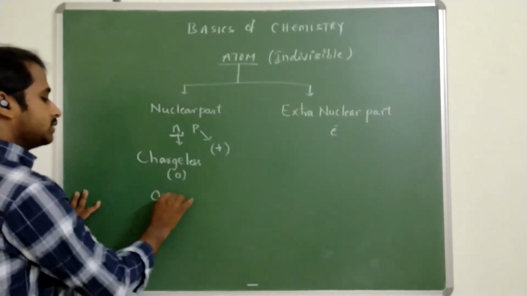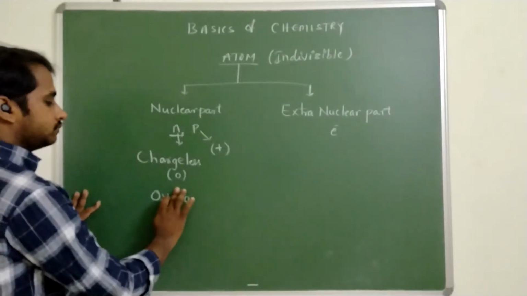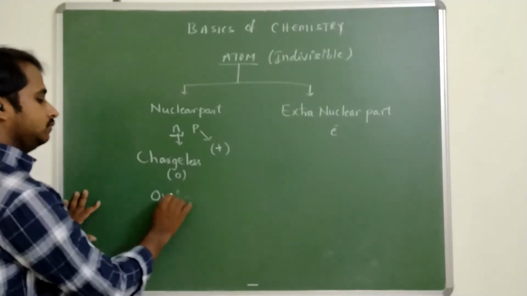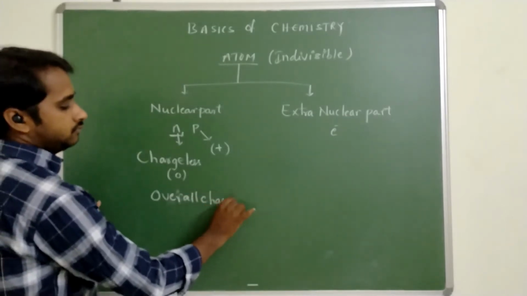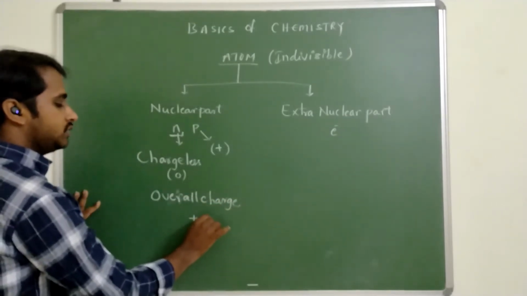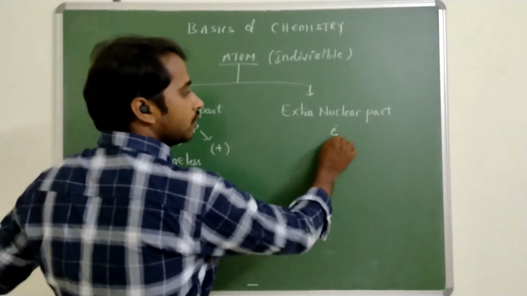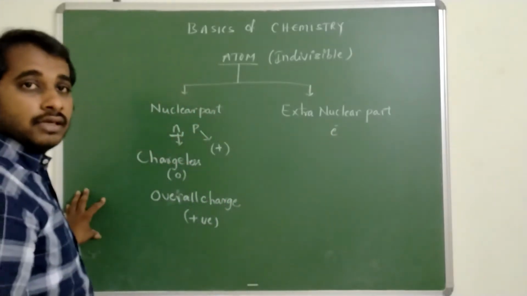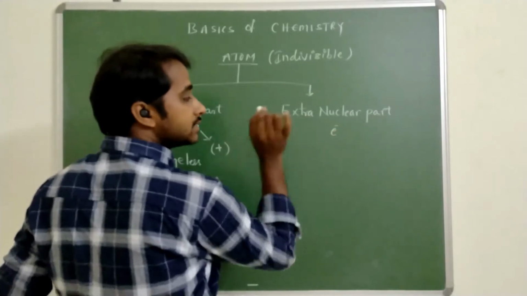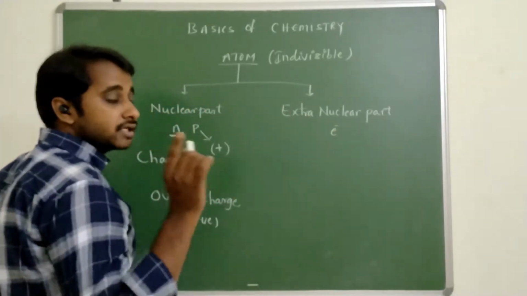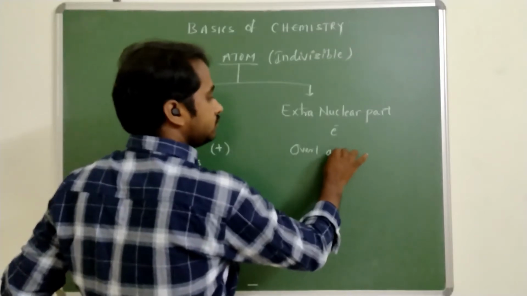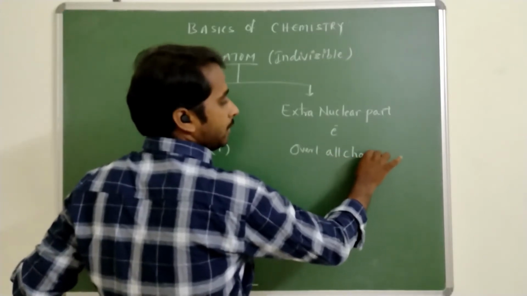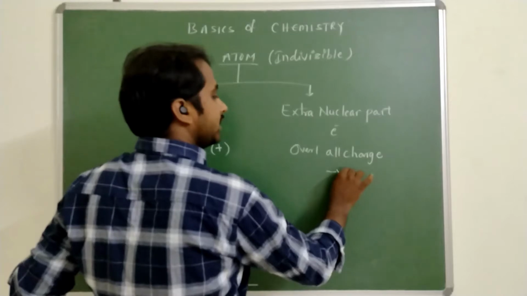Here in the extranuclear part we have only negative particles, electrons. So what is the overall charge on the extranuclear part? Negative charge.